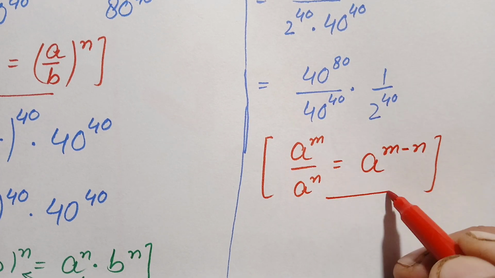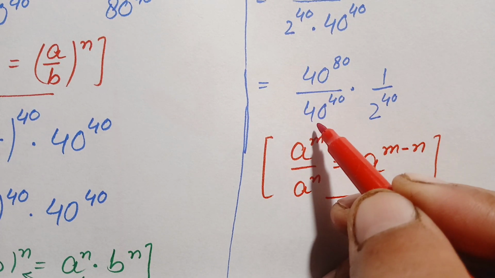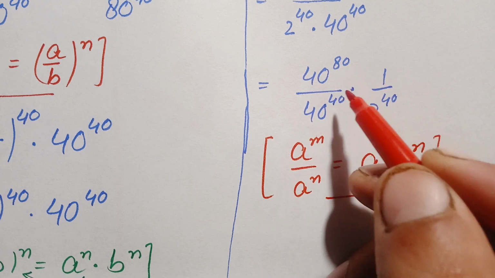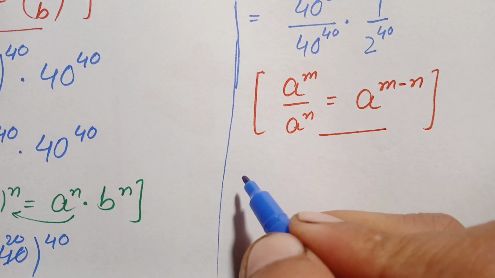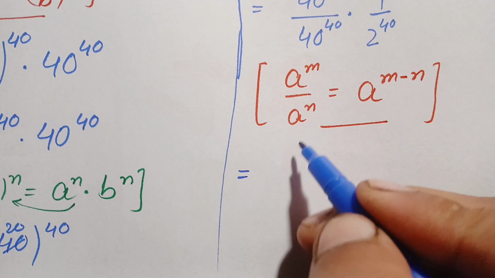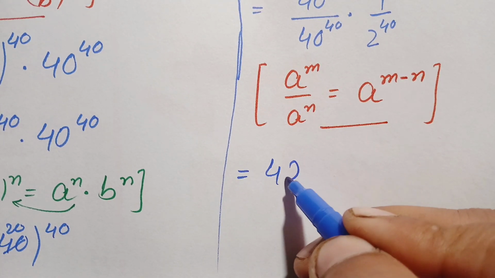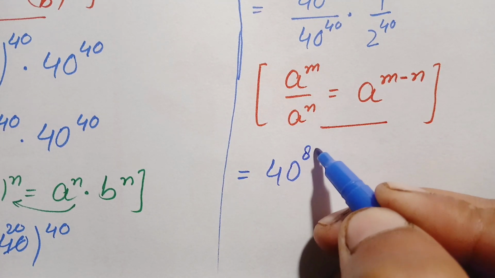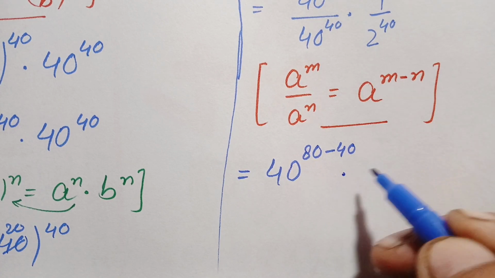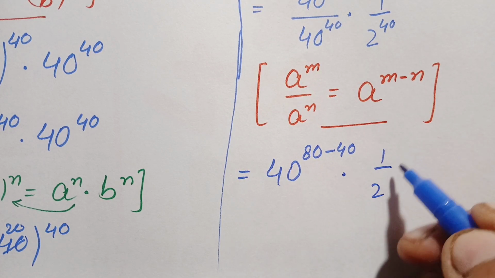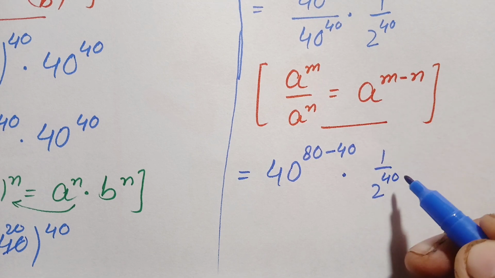Now using this exponential identity we will write 40 one time and we will subtract their powers. So this will become 40 raised to power 80 minus 40 times 1 by 2 raised to power 40.